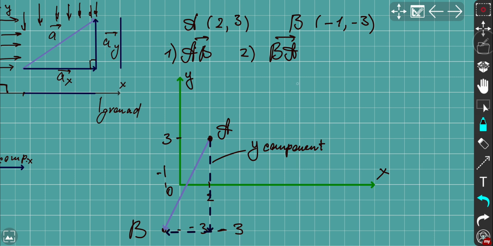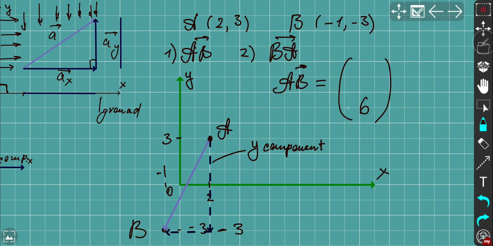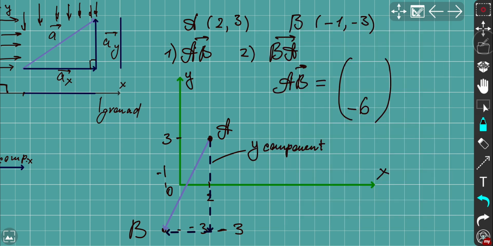So that's why if we write AB in terms of the components, we understand that the y component is going to be just 6 units. And because it goes down in the opposite direction of the y-axis, it's going to be -6. Okay, so we've got simply y component as -6.